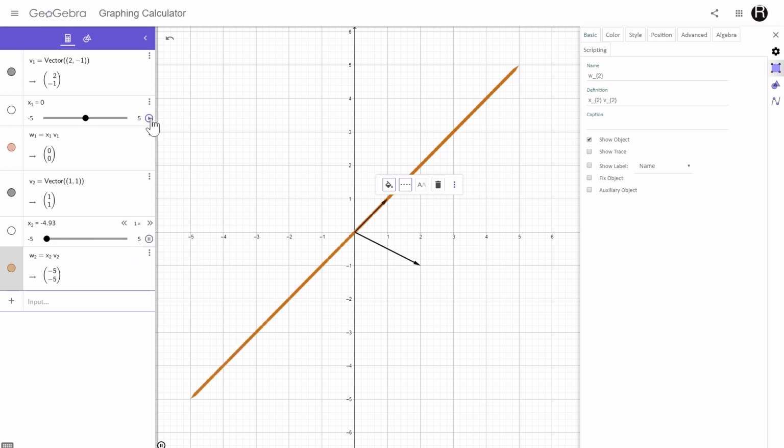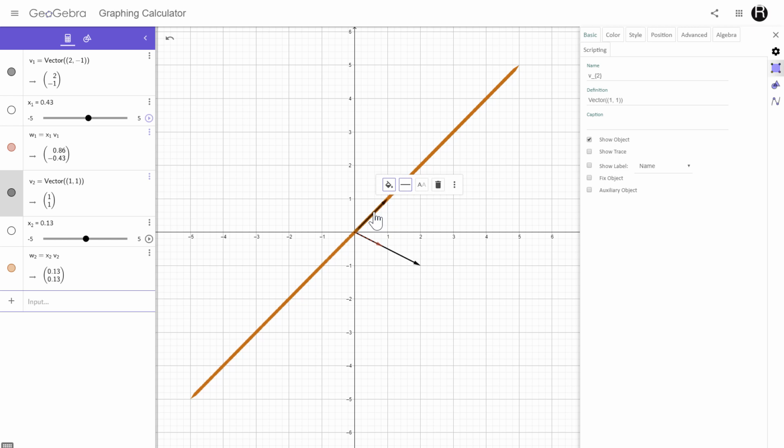So if we have the span of one vector and the span of another vector, then they each span a line. Now that's not yet taking into consideration the idea that we can have a linear combination of these two things. So let's do that. Let's get rid of this.